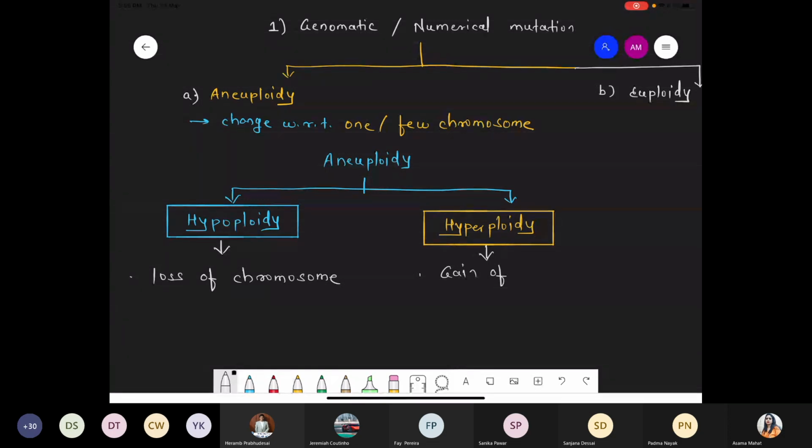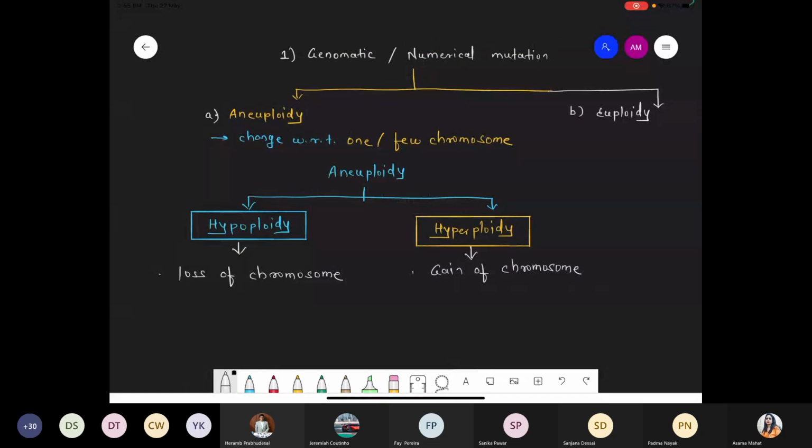Maybe one copy or two copies get added, so you can say gain of chromosome. Gain of a chromosome is called hyperploidy. So aneuploidy is a change with respect to one or a few chromosomes: maybe addition or maybe deletion. If a chromosome is added, hyperploidy; if lost, hypoploidy.